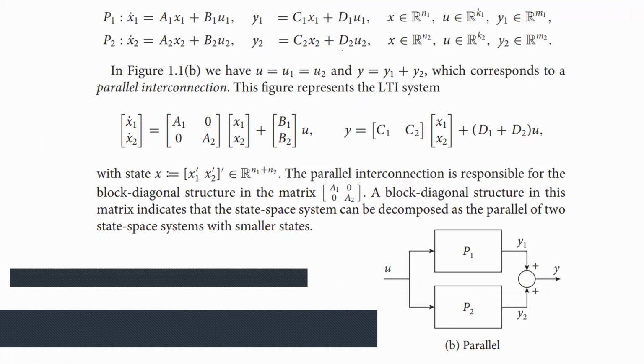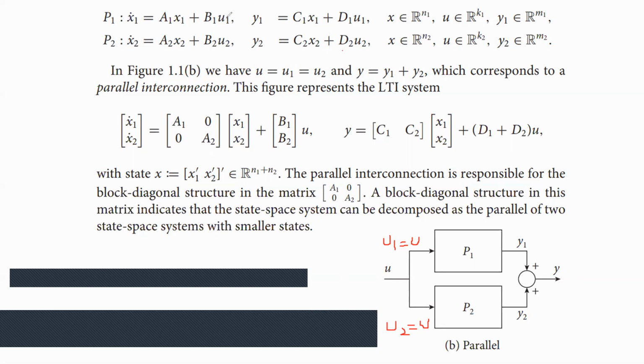So considering the case of parallel, in which U1 is primarily U, and similarly U2 is primarily U, we use this in this equation. So instead of U1 and U2, we write U only.